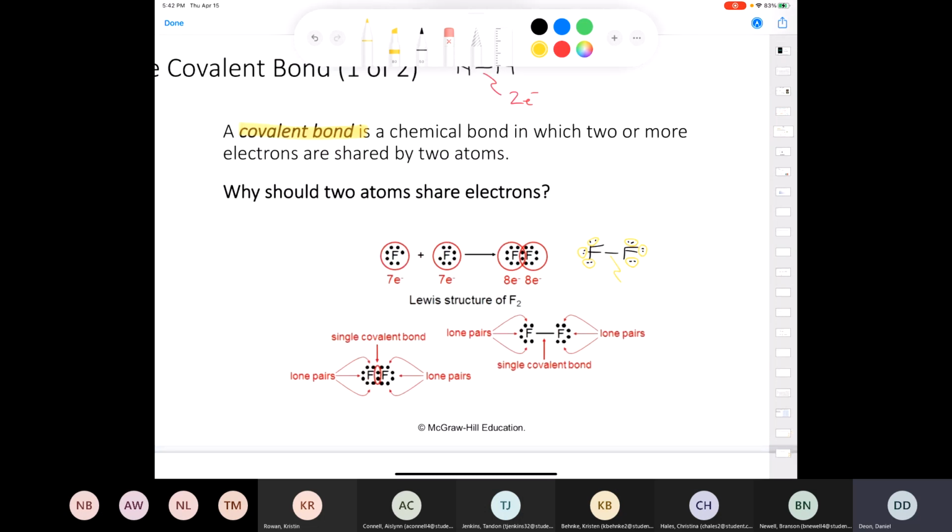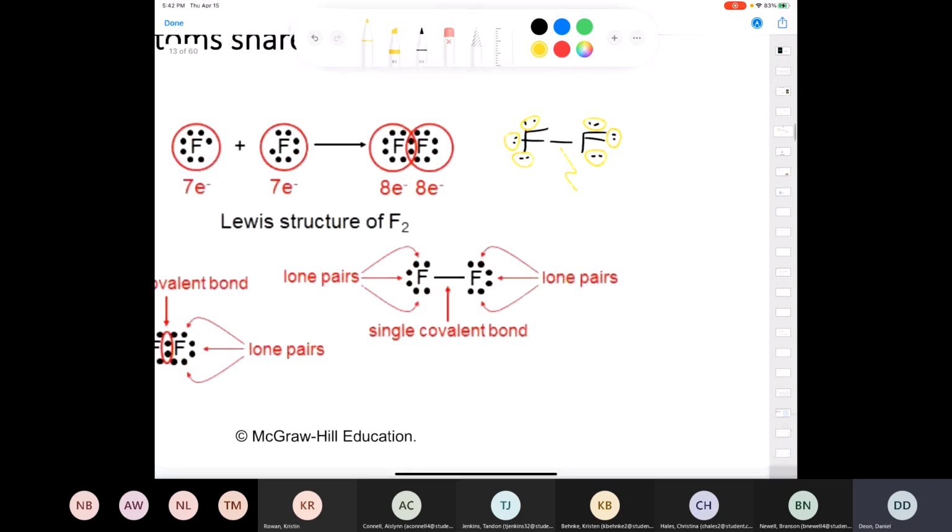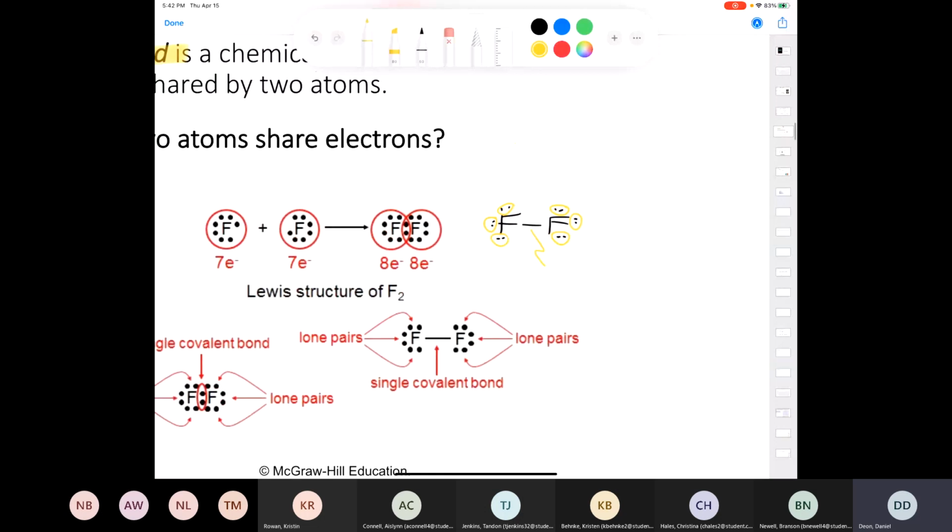And if you look at the 2 fluorines in our F2 molecule, and I'll just erase this stuff here for a second, the octet rule says that an atom other than hydrogen tends to form bonds until it's surrounded by 8 electrons. Let's just examine this fluorine here. How many electrons is it surrounded by? 1, 2, 3, 4, 5, 6, 7, 8, because it has the benefit of both of the electrons in this single bond.